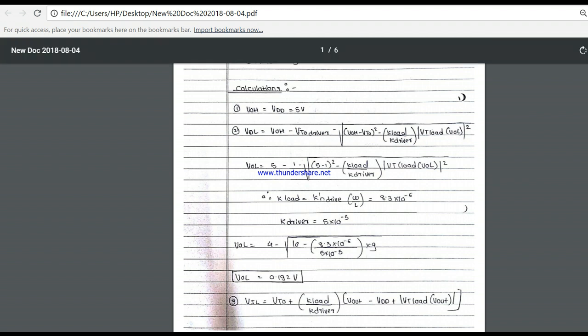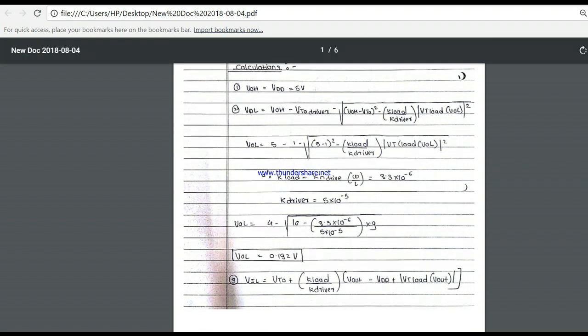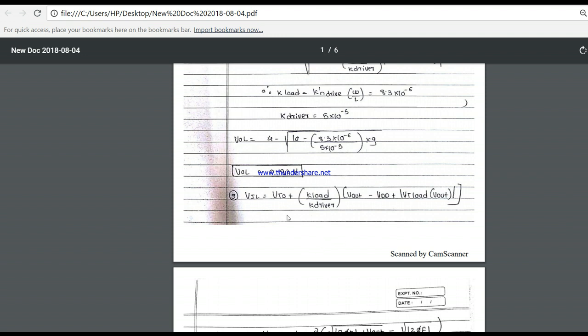Now the third critical level, that is VIL. This is the equation of VIL: VT0 plus K load upon K driver times (V out minus VDD plus mod of VT load of V out) . For this, VT load of V out is unknown to us, so first we'll calculate it.